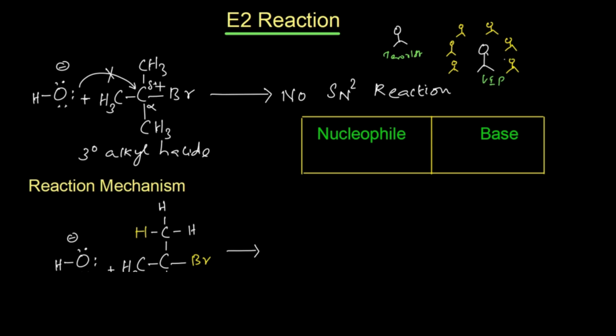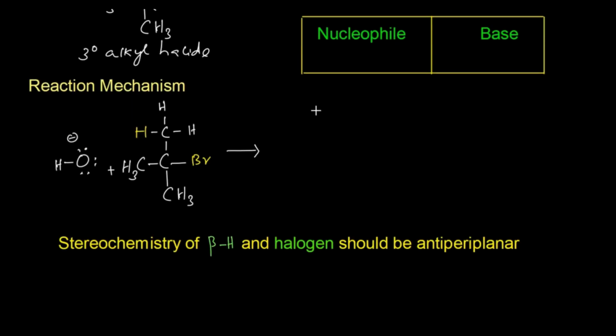This alpha carbon is surrounded by these methyl groups, and it is not possible for the nucleophile to attack this partially positive, halogen-connected carbon. In that case, what will happen? The same analogy we are going to apply here. So it is not possible to attack.